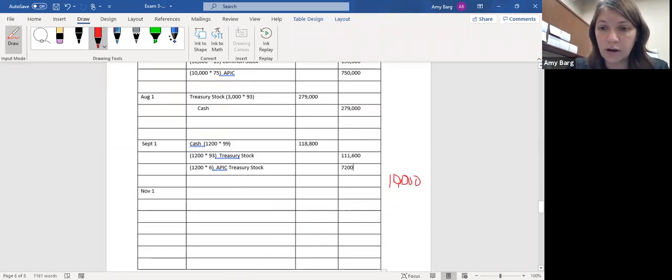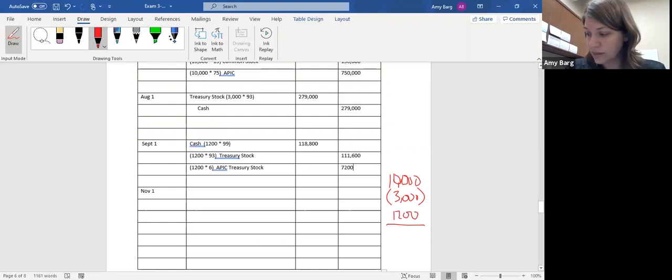So now there are 3,000 shares that are still issued, but they are no longer outstanding. So we have to take those out. But when we sold those 1,200 shares, they became outstanding once again. So the 10,000 minus the 3,000 plus the 1,200 means that there are now 8,200 shares that are issued and outstanding. So those are the shares that we can issue a dividend on.